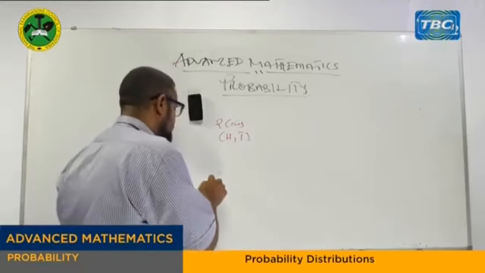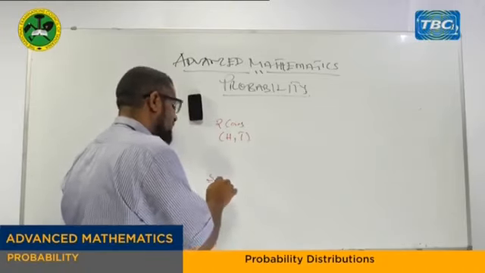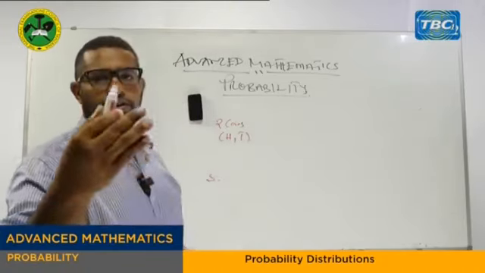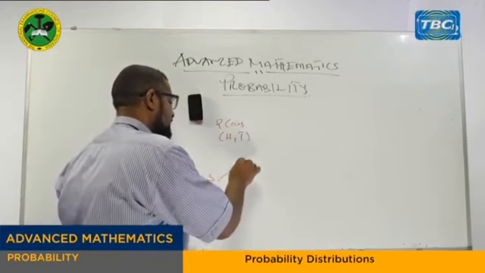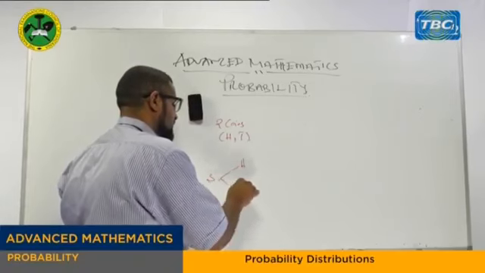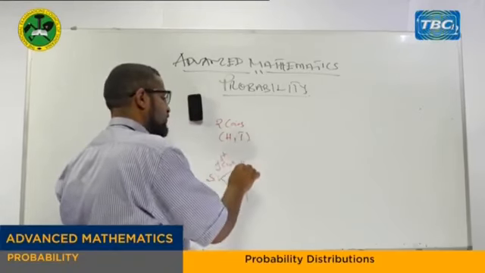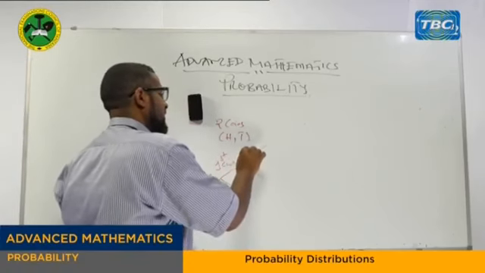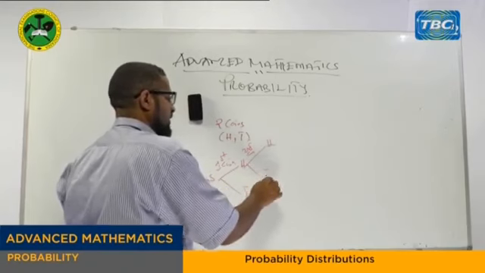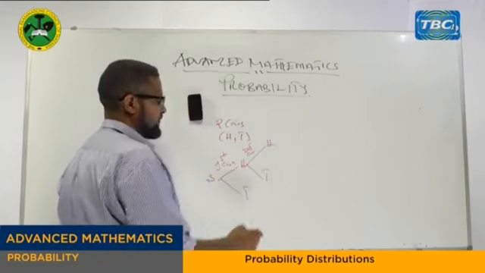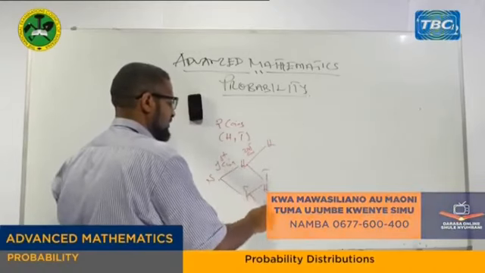Now you need to use a tree diagram. A tree diagram is a very easy method to show the number of elements. So we'll be having head and tail in the first coin. Also, the second coin will have head and tail, and here also head and tail.